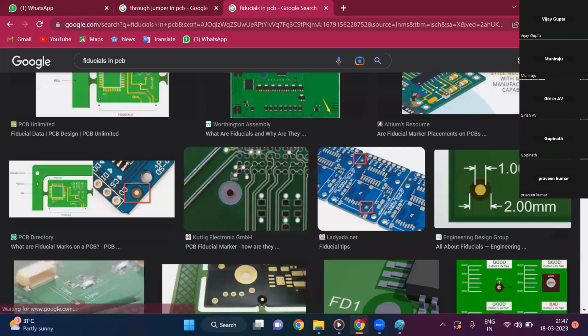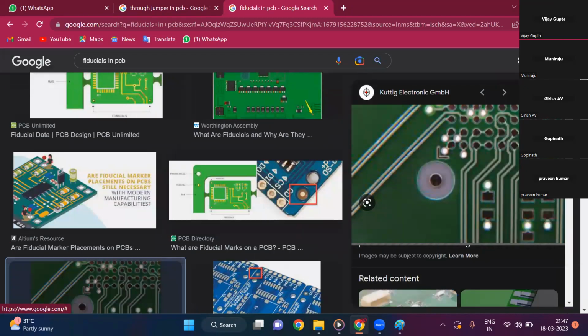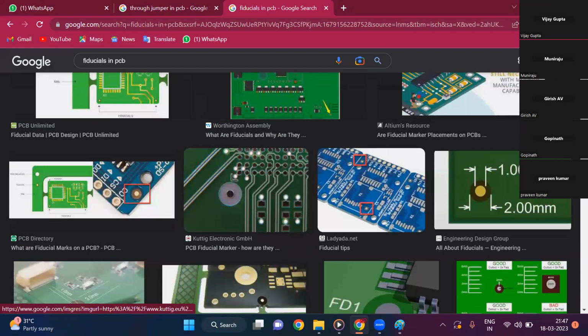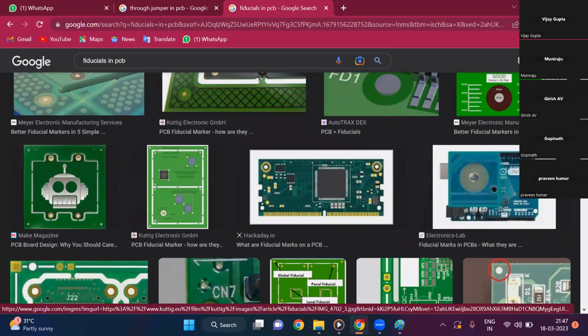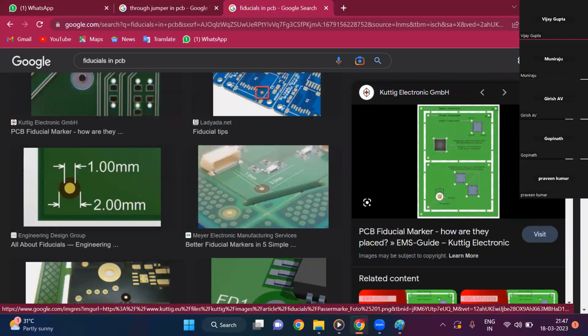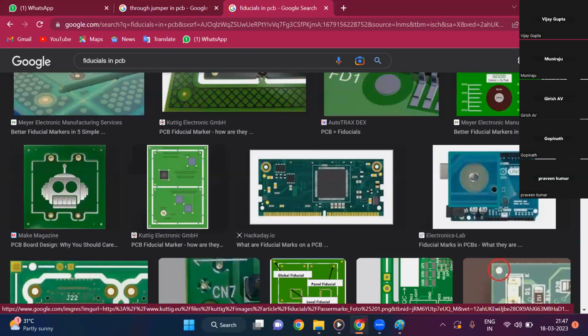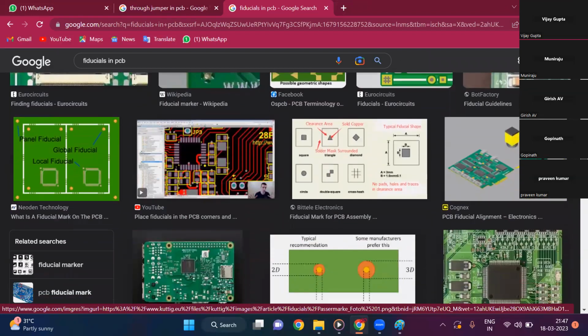Okay, I'll show you some big points. I'll come to this later on. Let me show you some big boards. Yes, this is the best example I can say. But this is a small picture, I can't explain. I want to show a big picture.